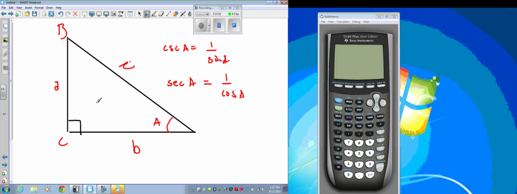If you just learn sine, cosine, and tangent, then look at the identities. If you have to do secant, cosecant, cotangent, you just flip them. You just have to know which one's related to which. The one that seems strange is that cosecant's 1 over sine, and secant's 1 over cosine.